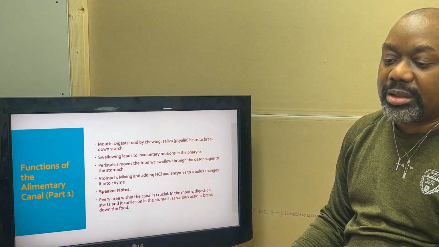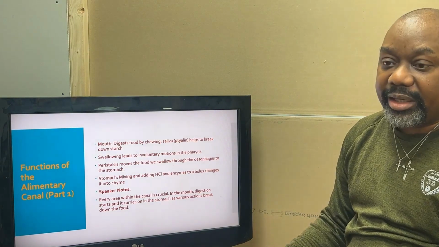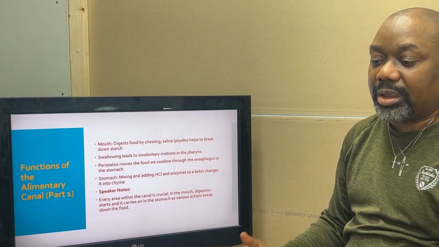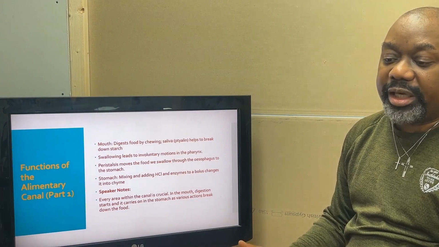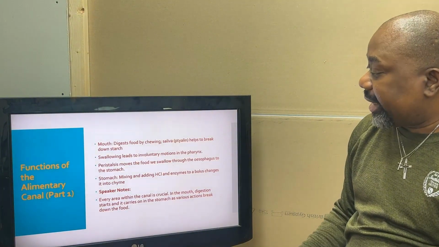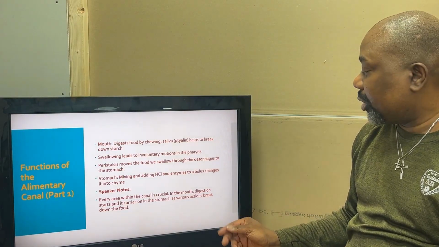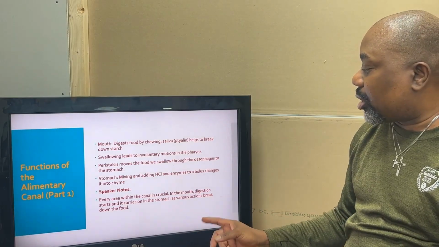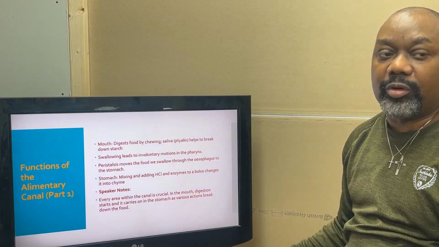Then the stomach mixes it, aided by HCl and enzymes, and the bolus turns into chyme. Basically, every area within the canal is crucial. In the mouth, digestion starts, and it carries on in the stomach as various actions break down the food we eat.